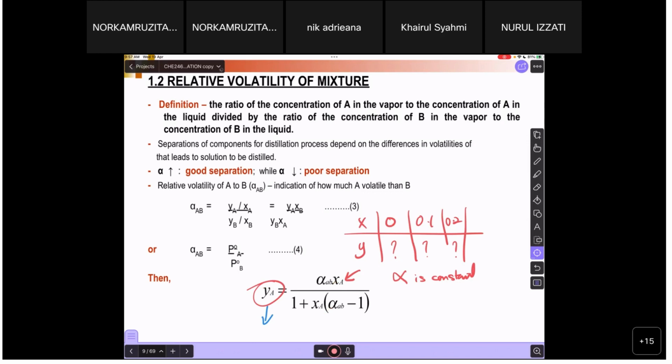When alpha is constant, meaning that you are dealing with an ideal solution. If the alpha is varied, you are dealing with a non-ideal solution.